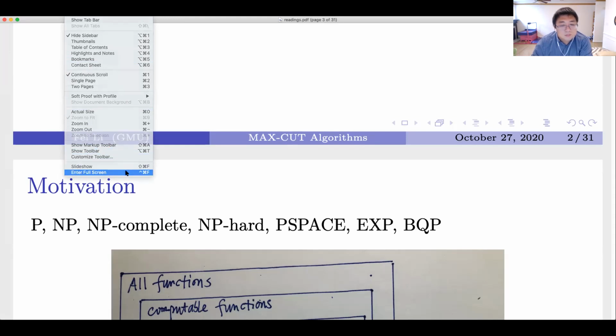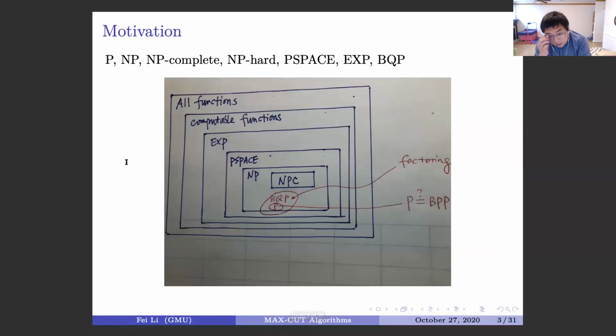Okay. Sorry. So these are all the boxes written in blue ink. They are the classical view from the computer scientist. And whether P equals NP is still a conjecture. However, with the development of quantum algorithms, with the factoring algorithm, people try to study the power and the weakness of bounded error quantum polynomial time algorithms.